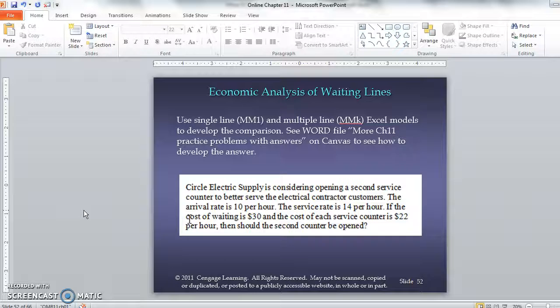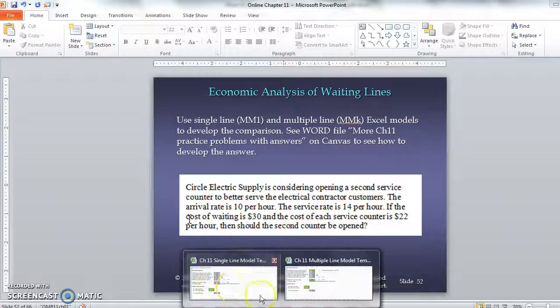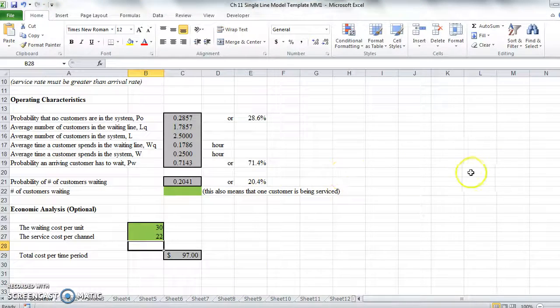Okay, so let's walk through this. What we have to do in this example is a comparison between the cost per hour of an MM1 and in this case an MMK model, where K equals 2. So given this lambda of 10, this mu of 14, cost of waiting of 30, cost of service of 22, I've already populated the 2 models.